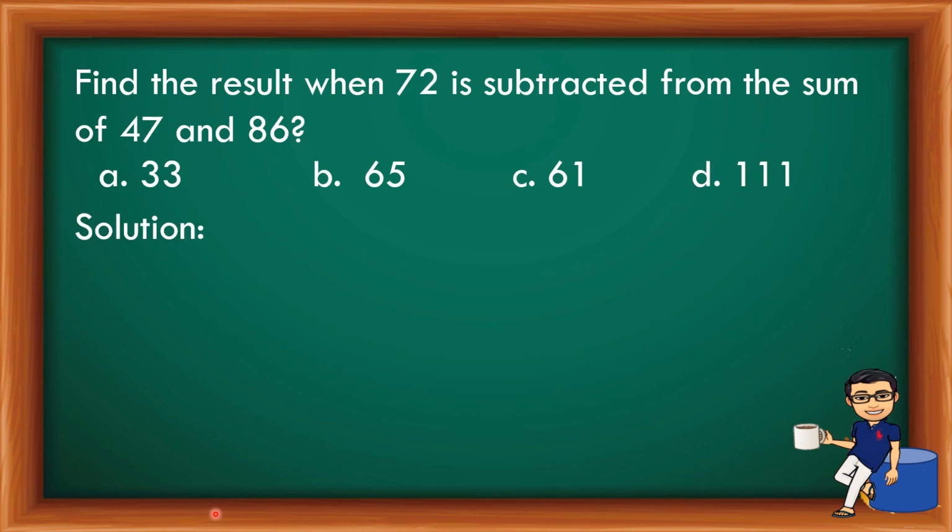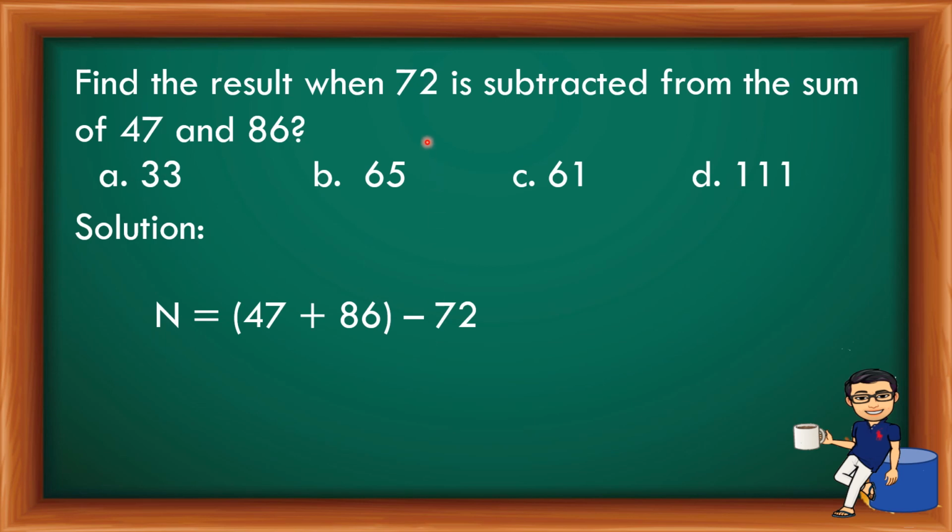To determine our answer with this problem, we are going to consider that n is our unknown, and we will represent that as n, which is equal to the quantity 47 plus 86 minus 72. How do we determine this?